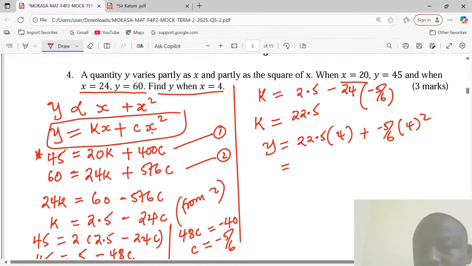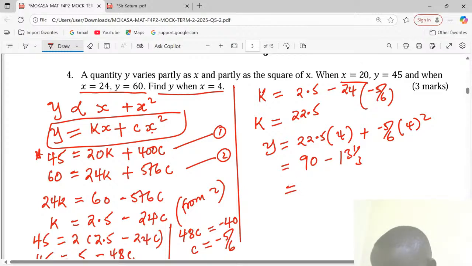So 22.5 by 4 gives us 90. 90 minus 5/6 multiplied by 4 squared, which is 16, right? So we'll be having now -13 and a third. You see? So 90, then this value becomes 76 and 2/3.